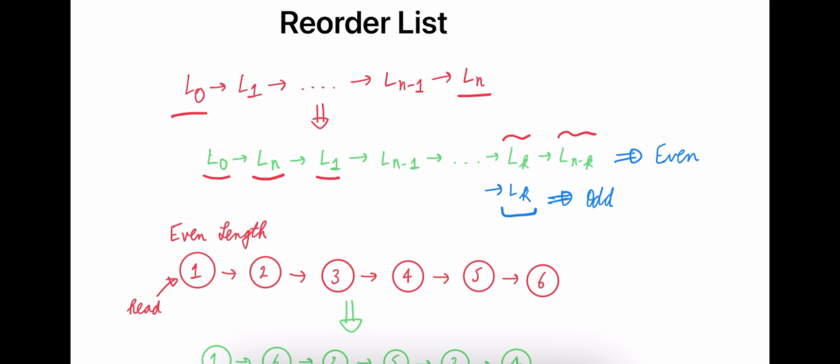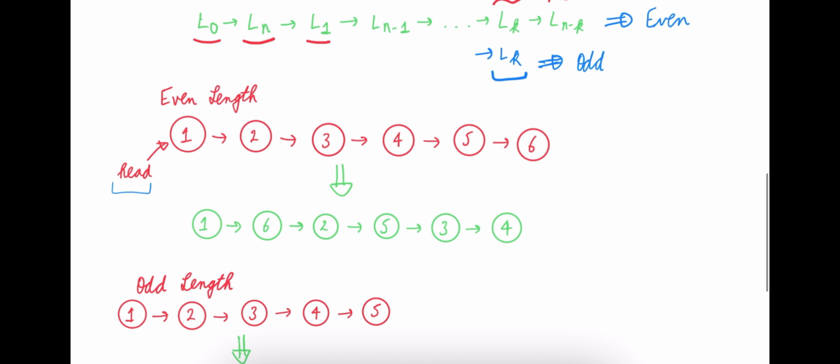For the even length linked list, we are given this example where the head is pointing to node 1, and we have this linked list of length 6, and we have to reorder this linked list into this. So the node 6 comes in between the node 1 and node 2.